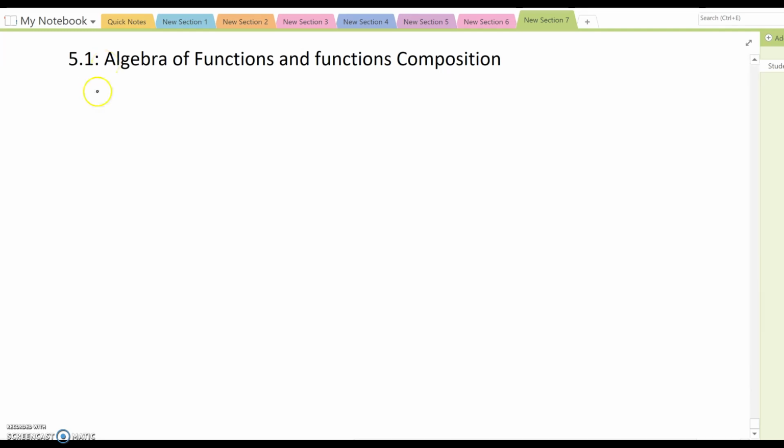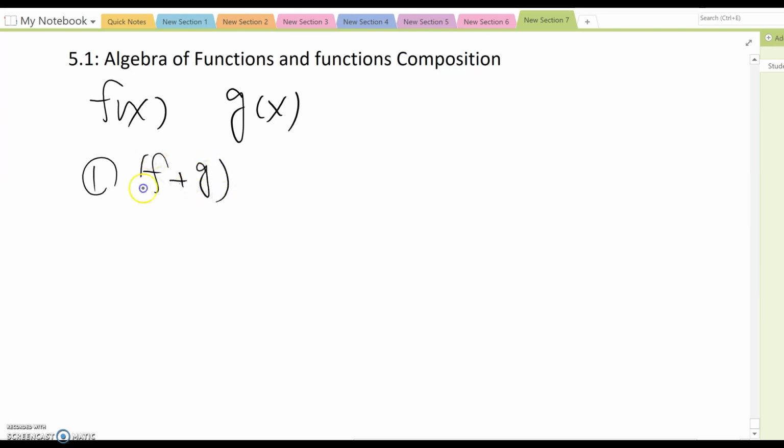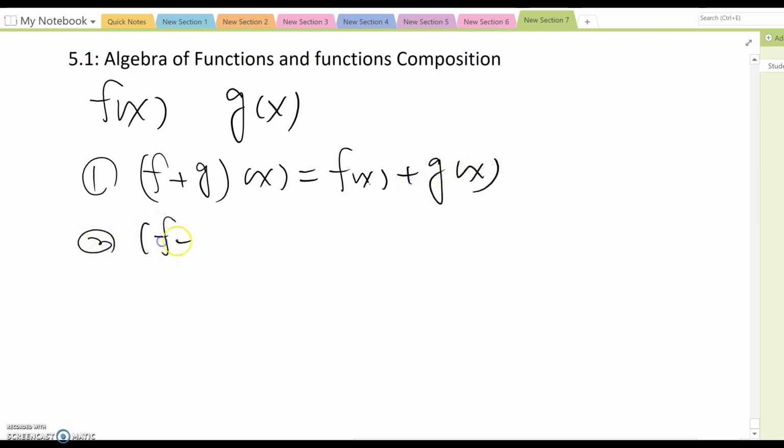If two functions, f(x) and g(x), are given, then we can make four different simple calculations, or combined functions. The first one is (f plus g)(x), which means f(x) plus g(x). Number two, (f minus g)(x) equals f(x) minus g(x).